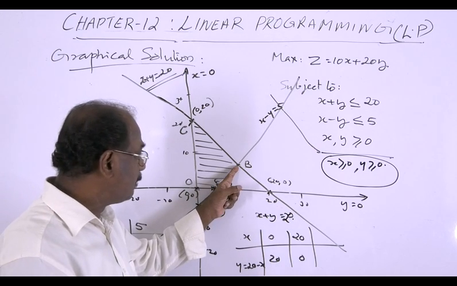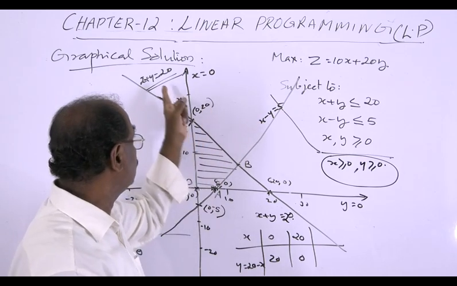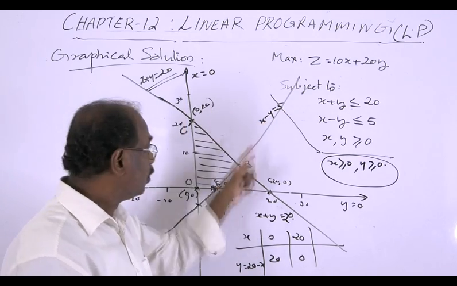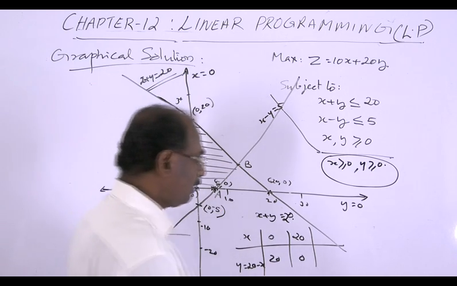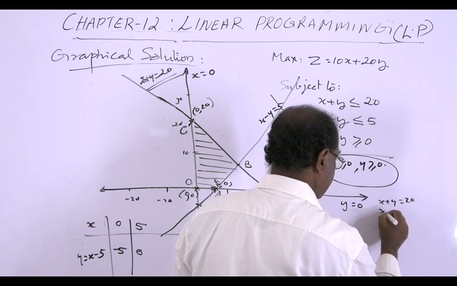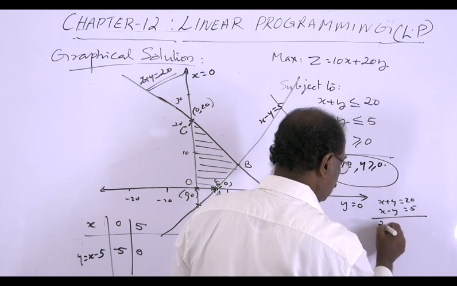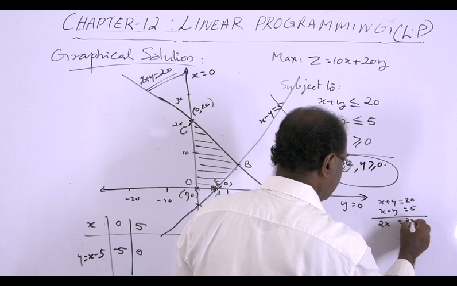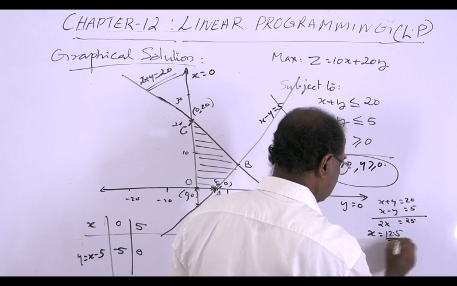This is the common point of intersection of these 2 lines, which is x plus y equal to 20 and x minus y equal to 5. Solving these 2 equations you will get this. So we have x plus y is equal to 20, x minus y is equal to 5. So adding these 2, 2x is equal to 25, x is equal to 25 by 2, which is 12.5.